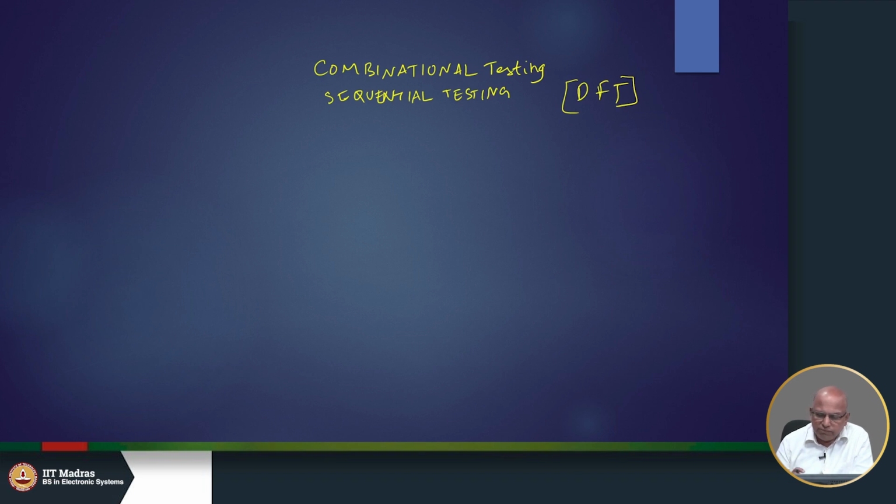Then later we went on to look at logic based testing. We talked about pseudo random pattern generation. We talked about multiple input signature registers. We talked about BILBO based testing.